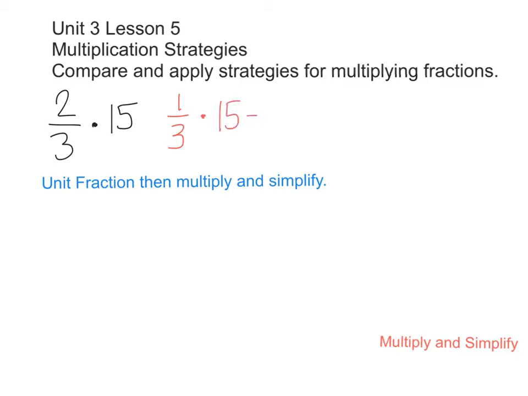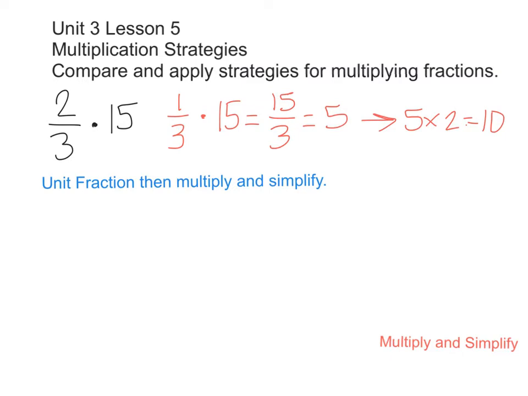And the way we find that out is we say 15 divided by 3 equals 5. So now that we know what 1/3 is, we can multiply by 2, 5 times 2, and that will give us 2/3 of 15, which is 10.